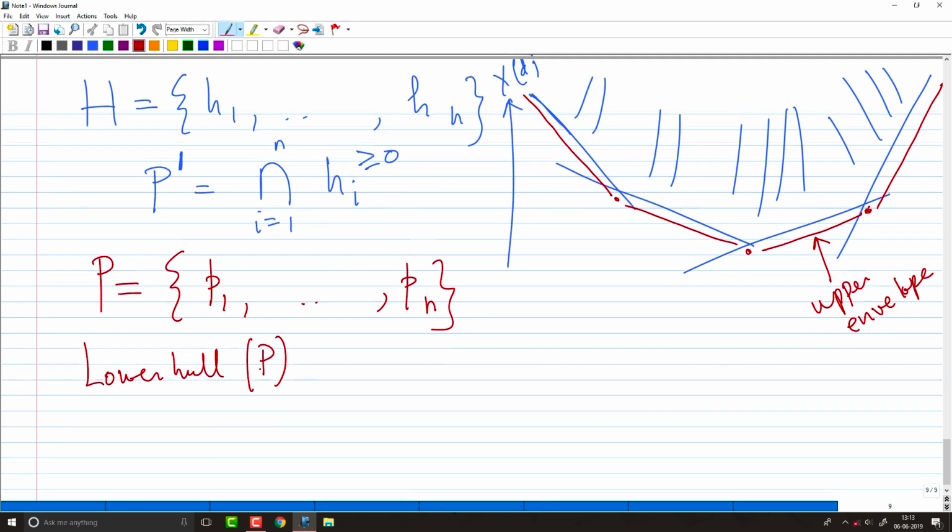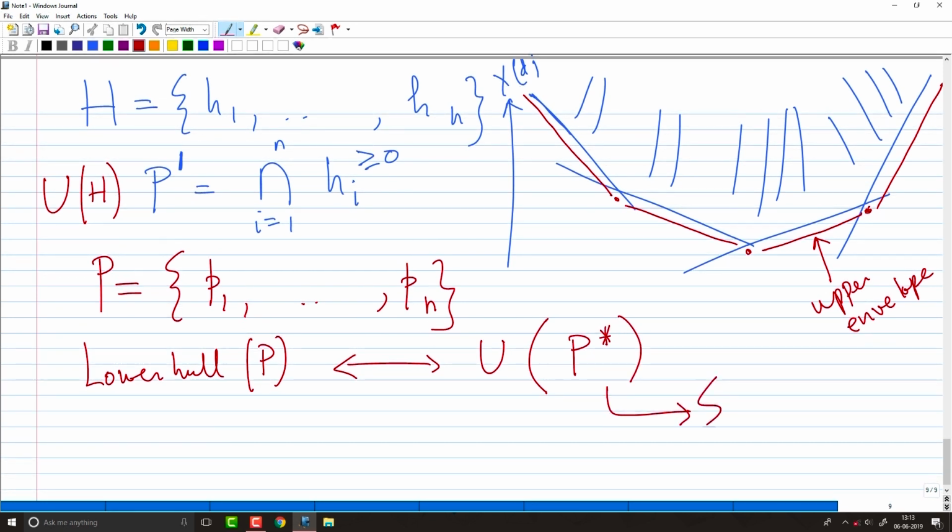Let me write U of H to be this upper envelope. What we will be showing is that the lower hull of P and the upper envelope of P star are dual complexes. What do I mean by P star? P star is the set of hyperplanes P1 star, P2 star, up to Pn star. We will show that these two objects are dual complexes.